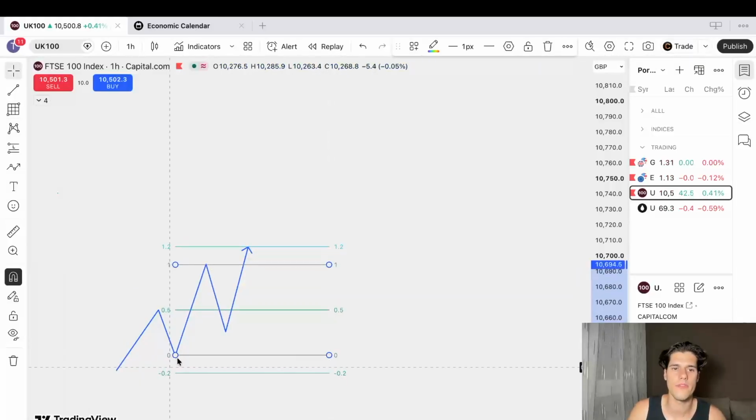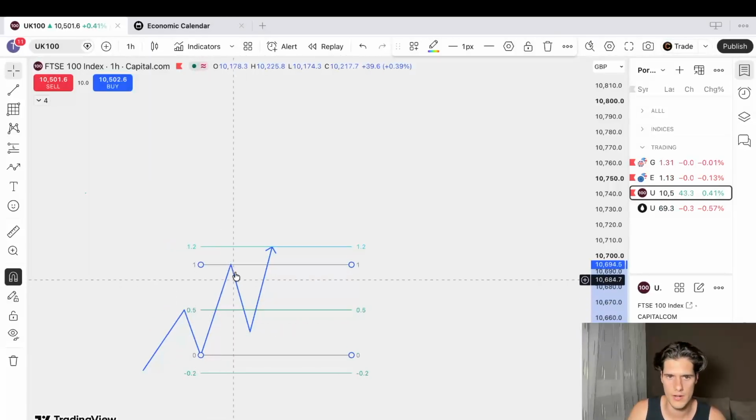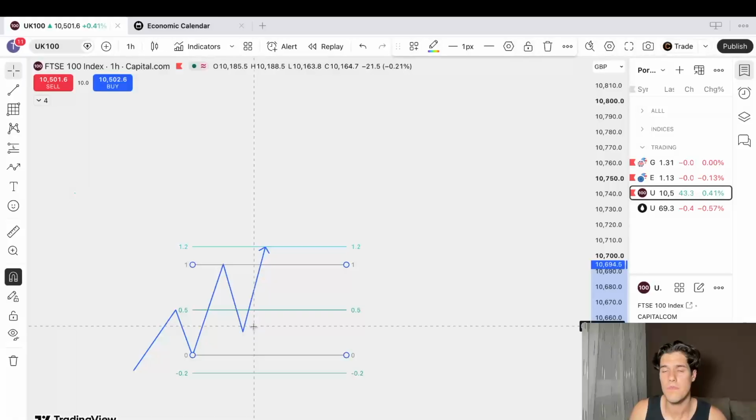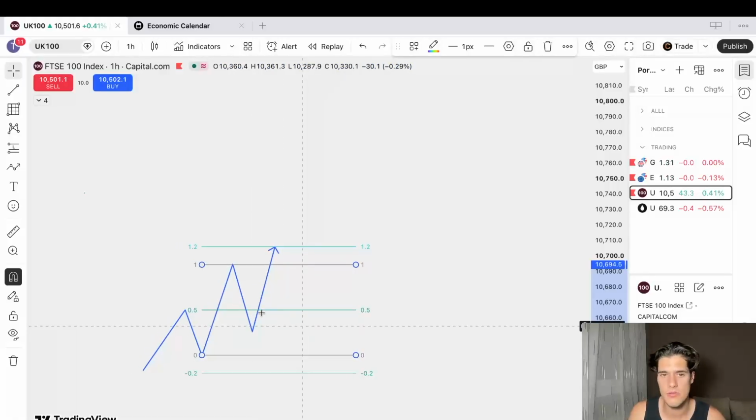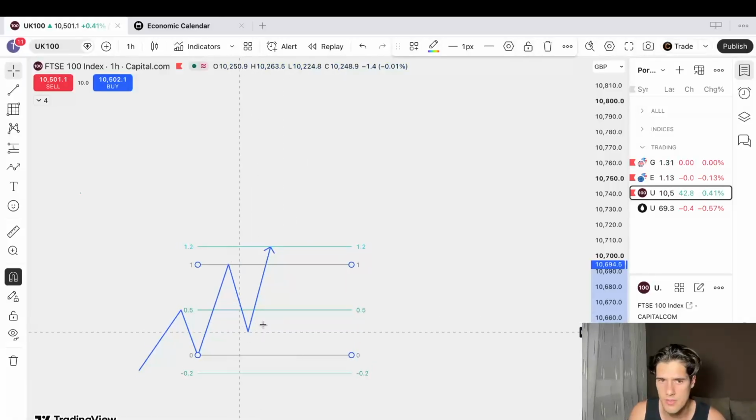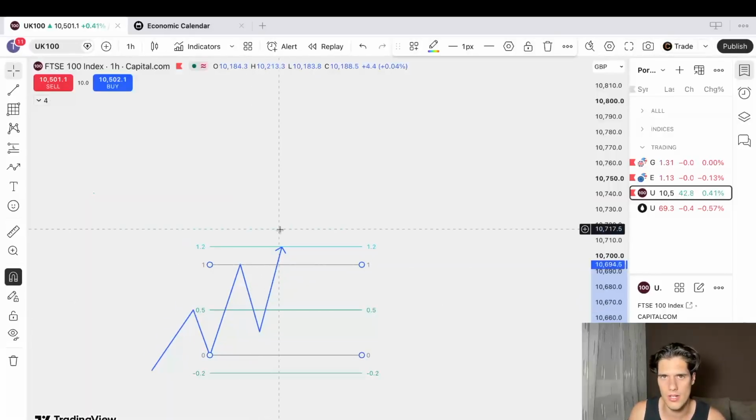The price comes from the discounted zone up to the premium zone, where you should put your equilibrium, and the price again comes back to the discounted zone, and again from the discounted zone the buyers take place and break the structure to the upside. That means this is the bullish continuation of the trend.